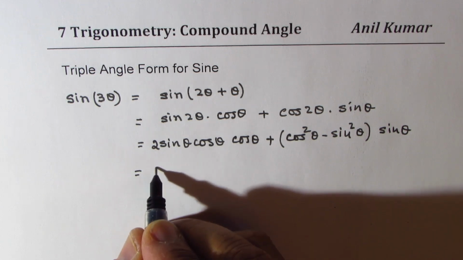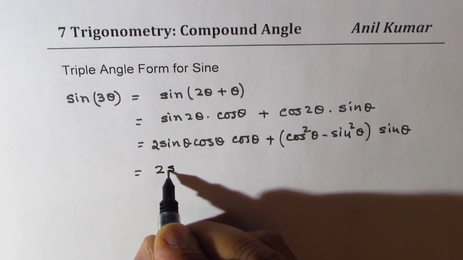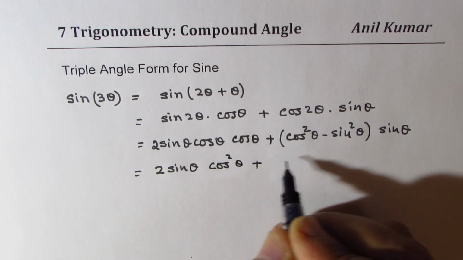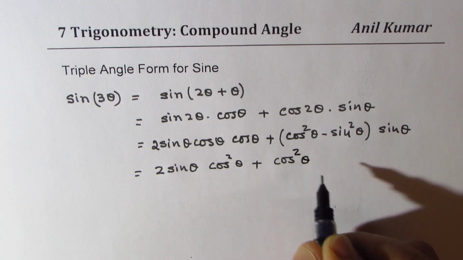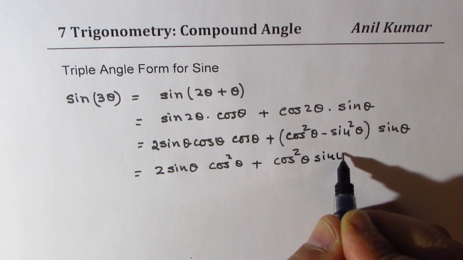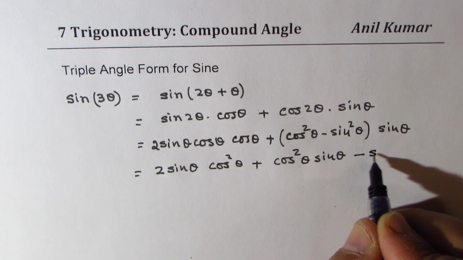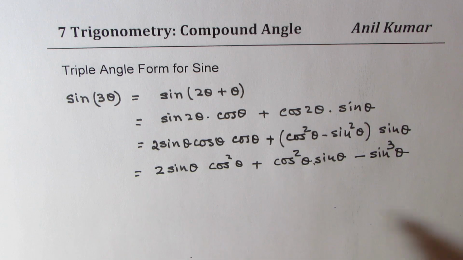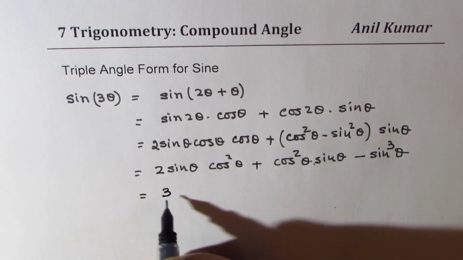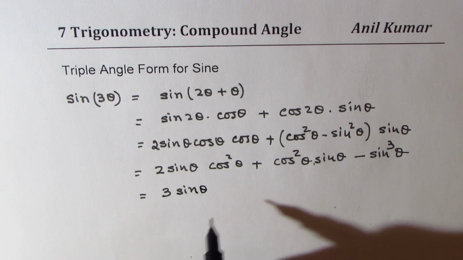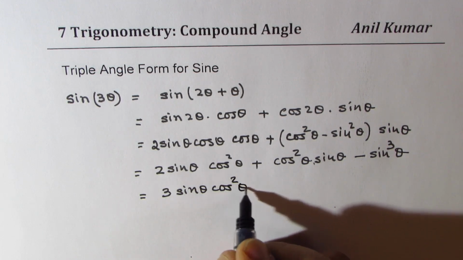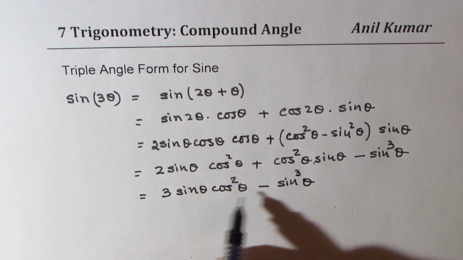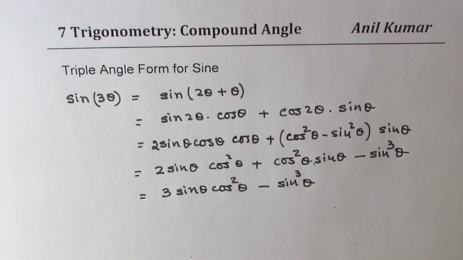We get 2 sine theta cos square theta plus cos square theta sine theta, and here we have minus sine cube theta. Correct? Now these two terms can be combined. So we have 3 sine theta cos square theta minus sine cube theta, right? So that is also a form which can be utilized.